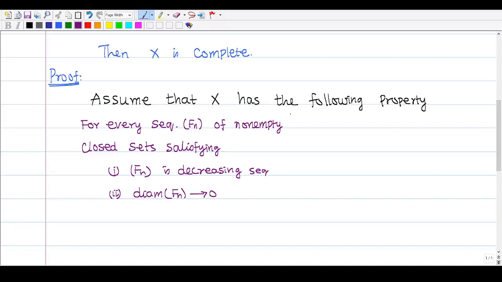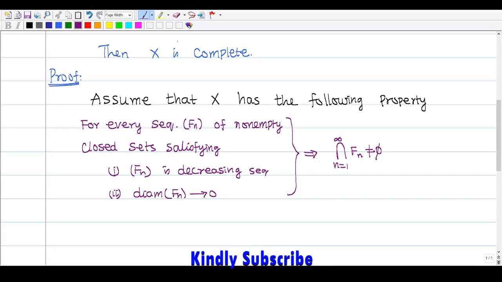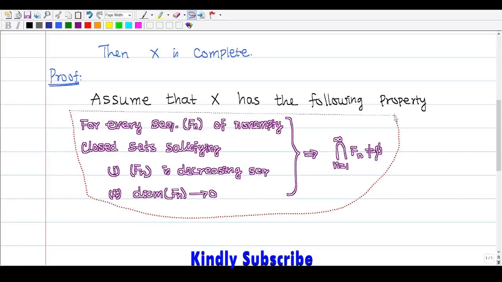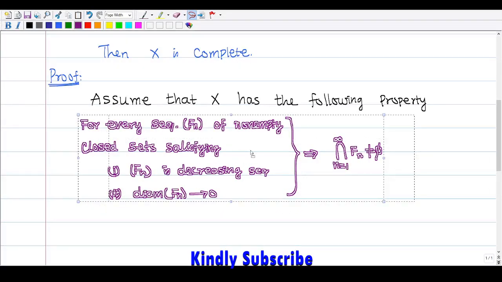So this property implies that intersection of all fn, n equal to 1 to infinity, is non-empty. இதுதான் எனக்கு கொடுத்திருக்கிற property. Okay, the property புரியுதா? So this is my property.